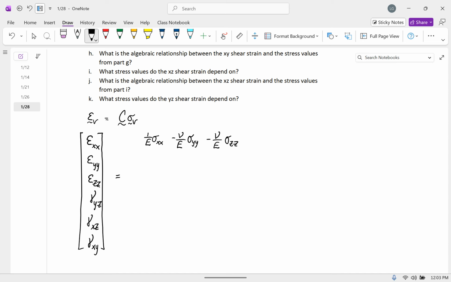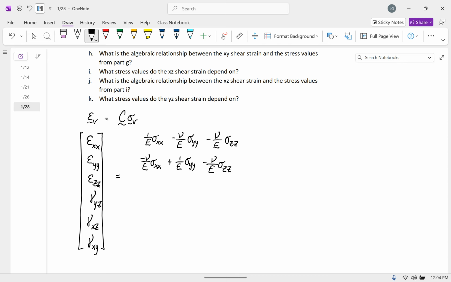Okay, so let's go down to the next one. If you multiply out the next line of the matrix equation, you get negative nu over E times sigma XX plus 1 over E times sigma YY minus nu over E times sigma ZZ.